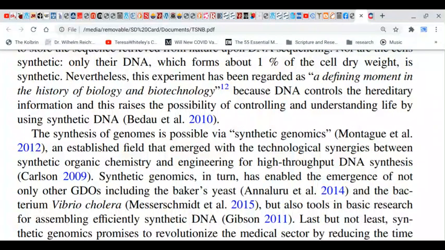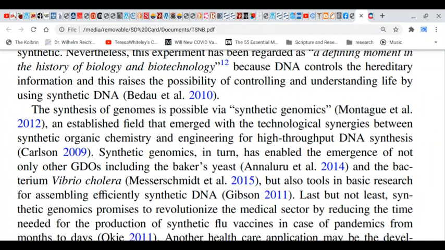The synthesis of genomes is possible via synthetic genomics, an established field that emerged with the technological synergies between synthetic organic chemistry and engineering for high throughput DNA synthesis. Synthetic genomics, in turn, has enabled the emergence of not only other genomically designed organisms, including the baker's yeast and the bacterium Vibrio cholerae, but also tools and basic research for efficiently assembling synthetic DNA.